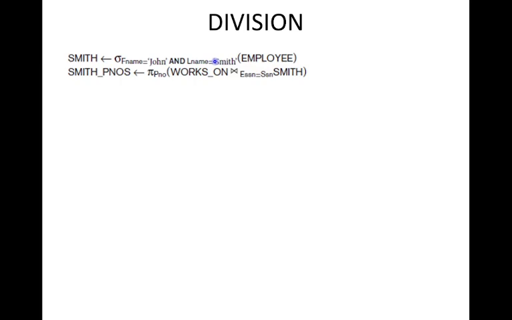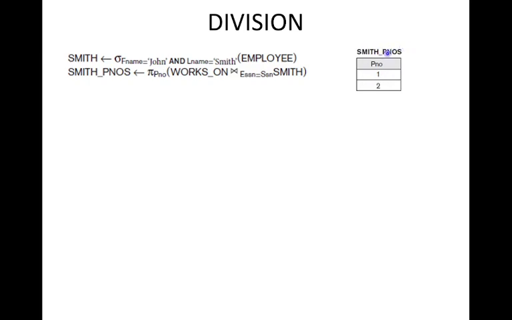Then we will project the project numbers based on this join condition: ESSN equal to SSN of this Smith table. So we are joining the works on table with the Smith table based on this join condition, and we are projecting only the project numbers. So this is the result we will get.